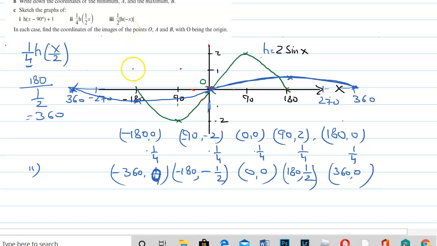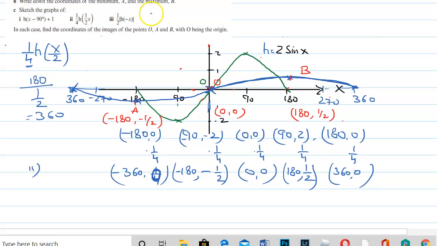So this is our point A. Its coordinate is minus 180 and minus half. This is our point O. The coordinate is 0 and 0. And this is our point, the maximum B. This is B. So its coordinate is 180 and half.